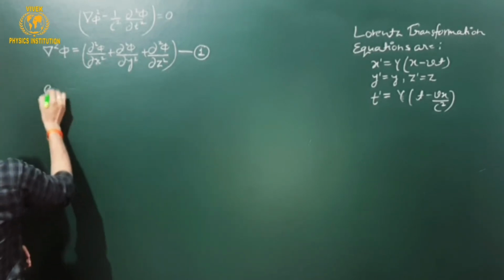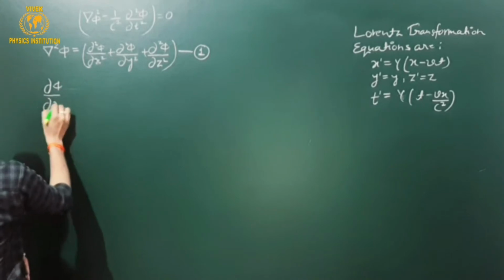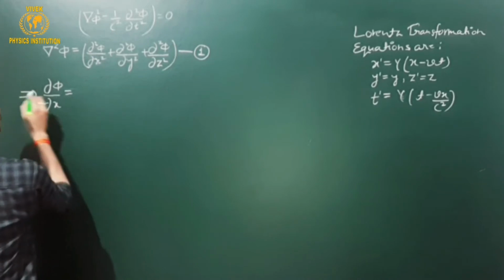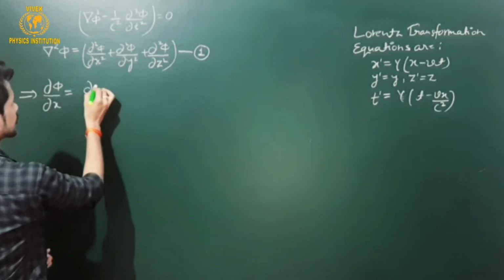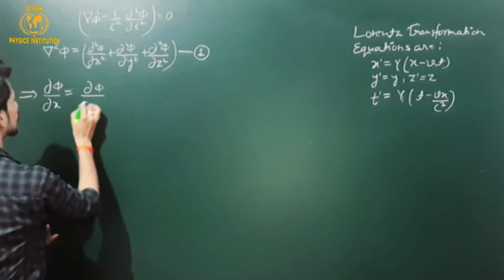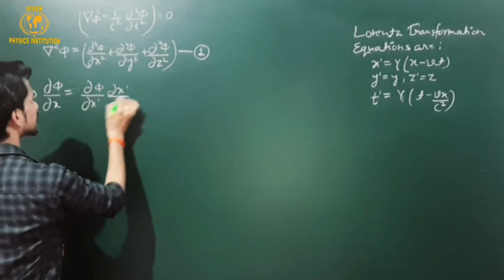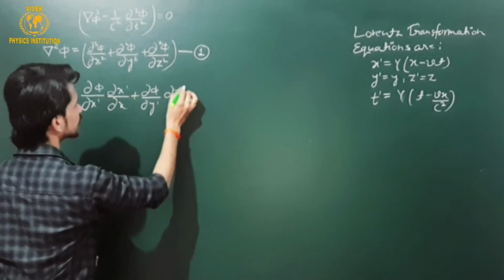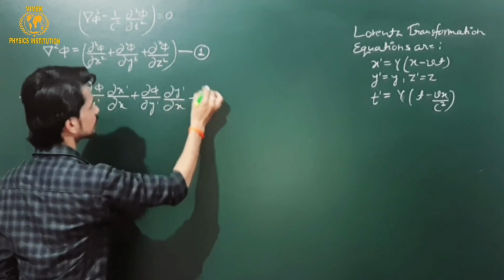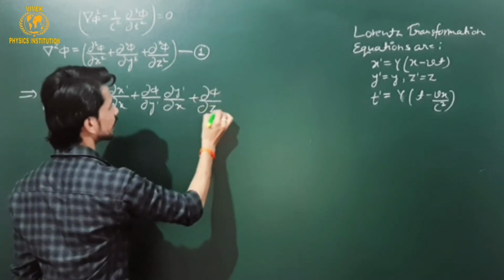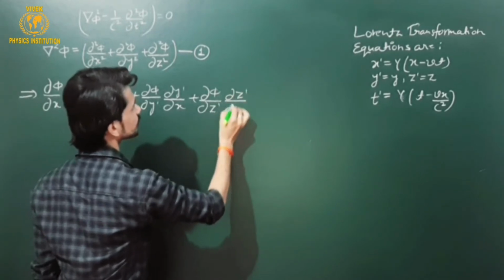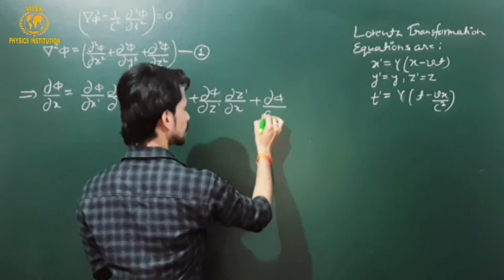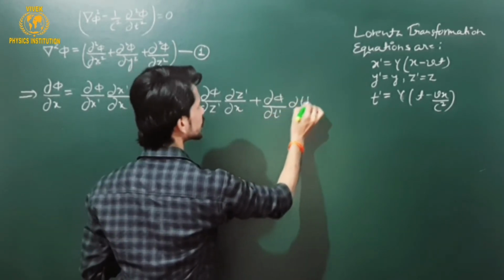So the value of del phi over del x can again be found by the chain rule. The chain rule form of del phi over del x will be del phi over del x dash upon del x plus del phi over del y dash upon del x plus del phi upon del z dash upon del x plus del phi upon del t dash upon del x.